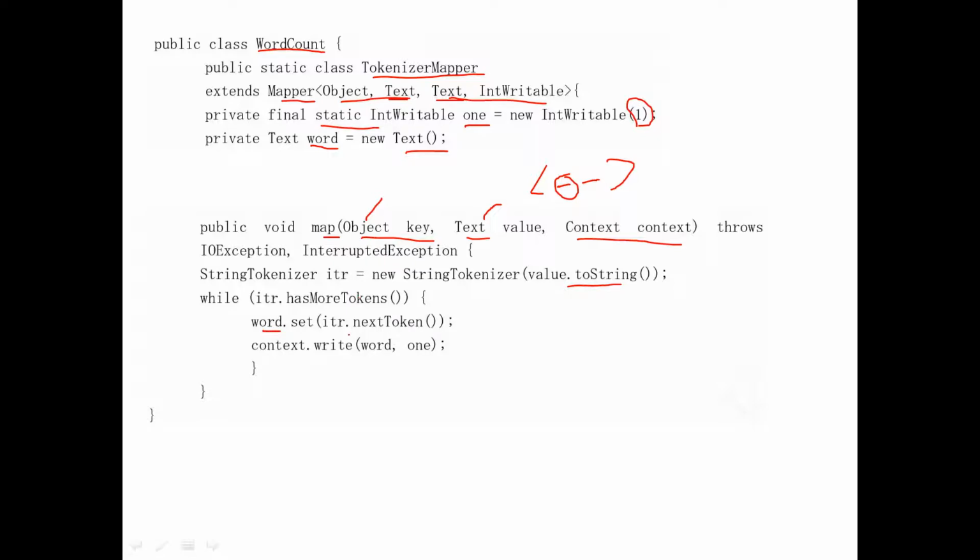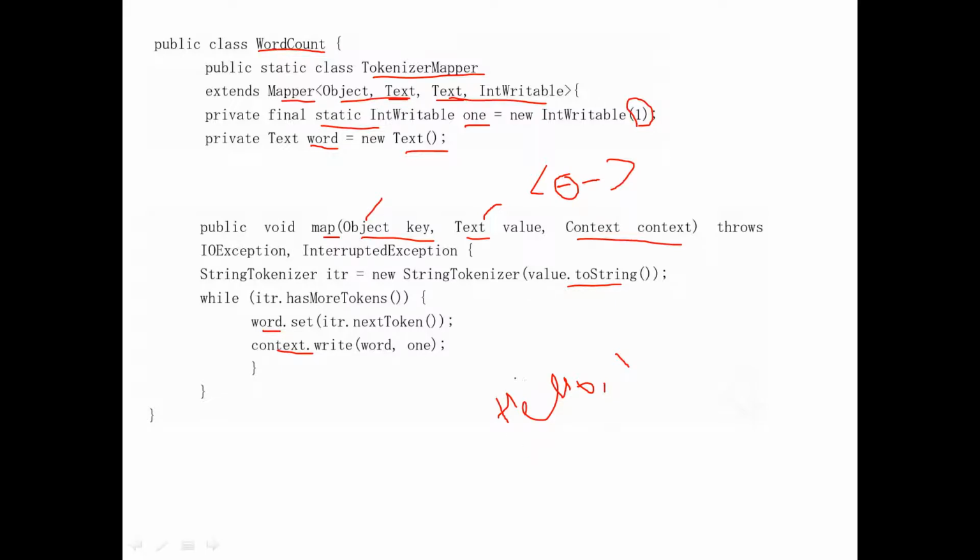Okay, next token word. And what context will do is it will combine this word, for example hello, and it will write 1. It will write hello comma 1. So this is the output of the first iteration here.